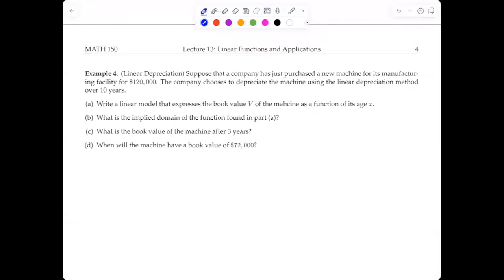Suppose that a company has just purchased a new machine for its manufacturing facility at $120,000. The company chose to depreciate the machine using the linear depreciation method over 10 years. Write a linear model that expresses the book value of the machine as a function of its age, x.